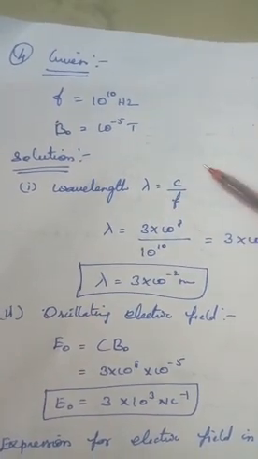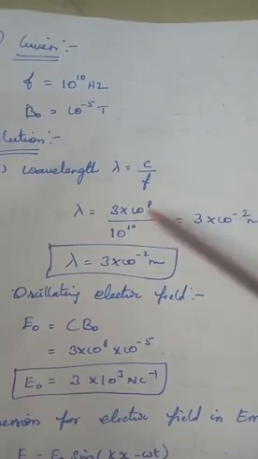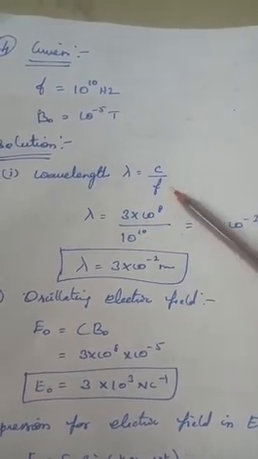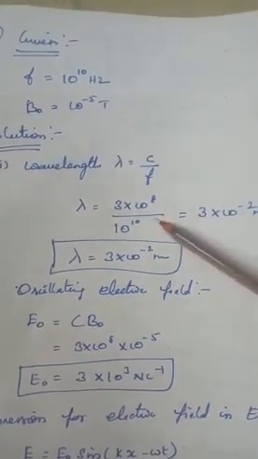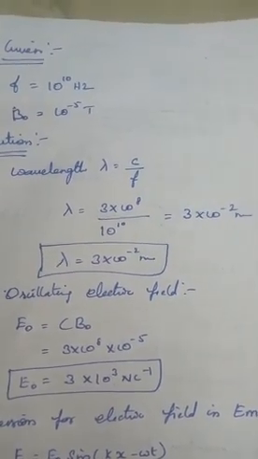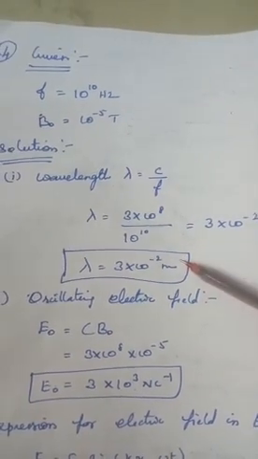So lambda is equal to c by f, that is a general formula. The c value, that is the constant 3 into 10 to the power 8, divided by the frequency value, which is given, 10 to the power 10. Cancel the powers and finally you will get 3 into 10 to the power minus 2 meter. So lambda is equal to 3 into 10 to the power minus 2 meter.